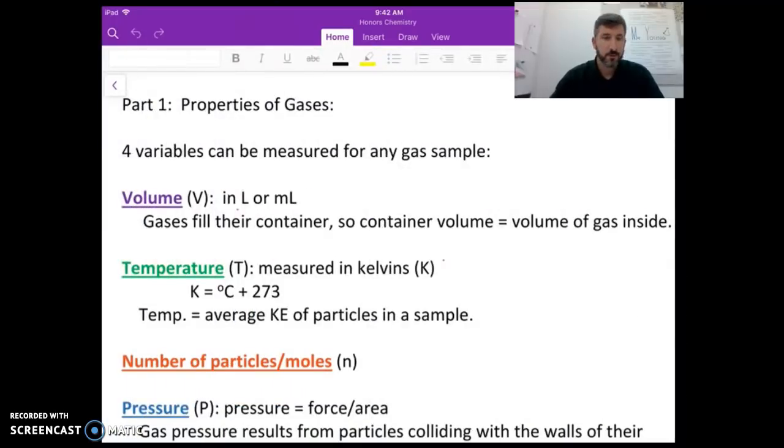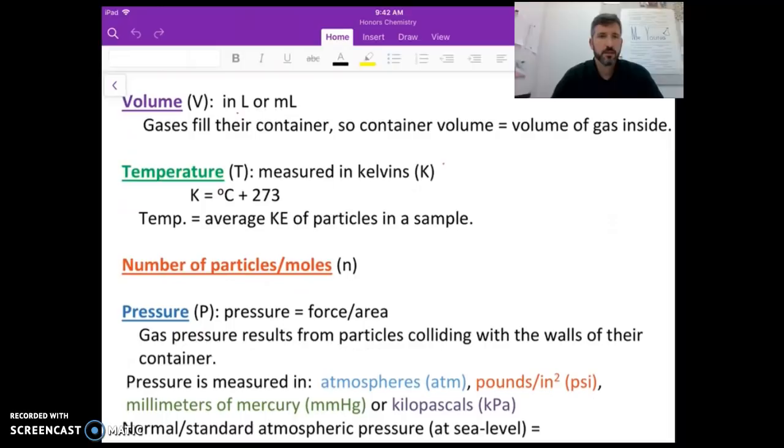The next one is temperature. Temperature is symbolized by T, measured in kelvins, which are symbolized by K. Kelvins are used instead of degrees Celsius because the degree Celsius scale, like the Fahrenheit scale, is not absolute. In other words, you can have negative Celsius temperatures just like you can have negative Fahrenheit temperatures.